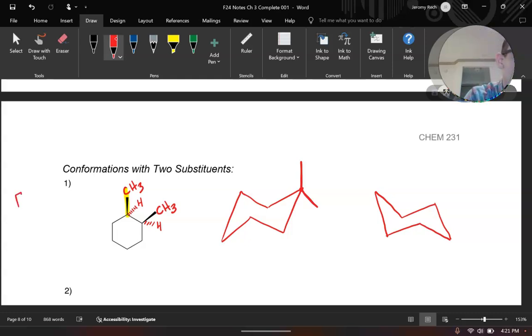As always, we are going to define my wedge as being up and my dash as being down. So my CH3 is going to be in my up position, and my hydrogen is going to be in my down position. So I'm going to have an axial up methyl and an equatorial down hydrogen. And that's going to correspond to that yellow, which is going to be this one.